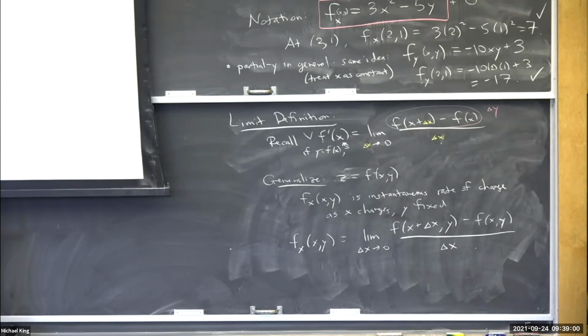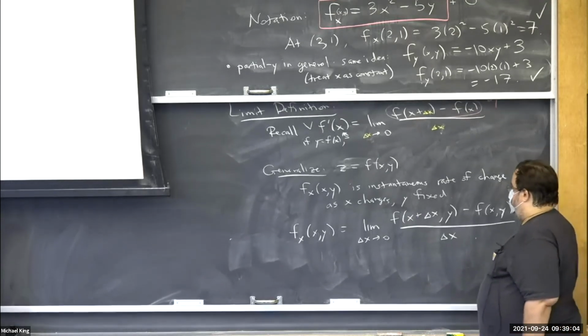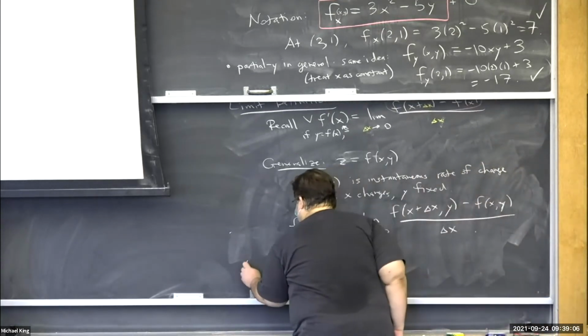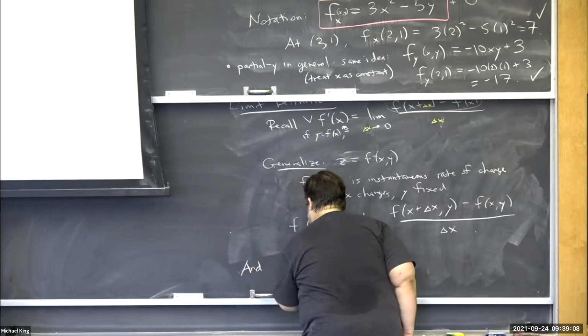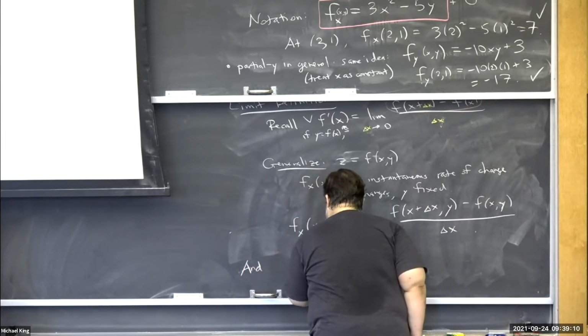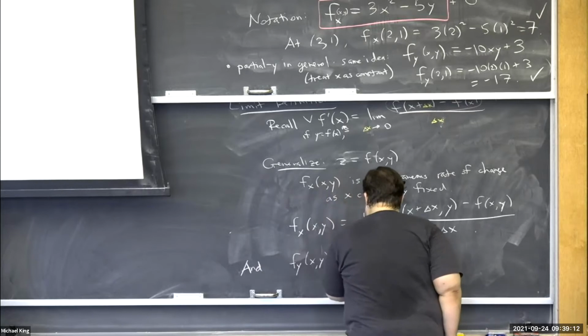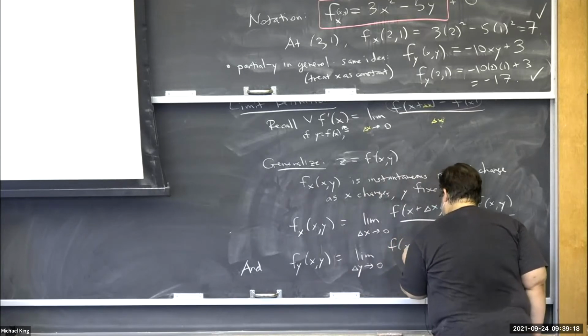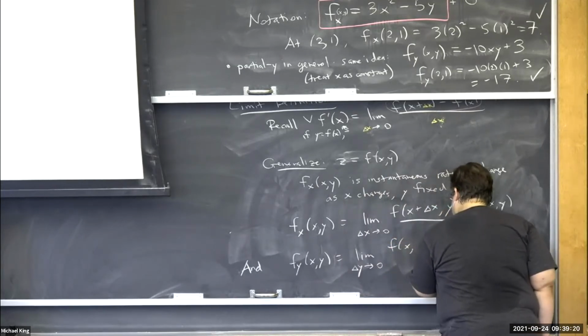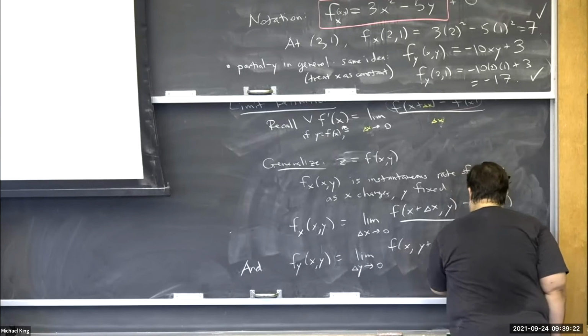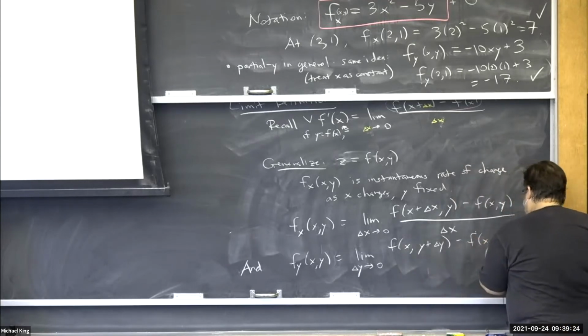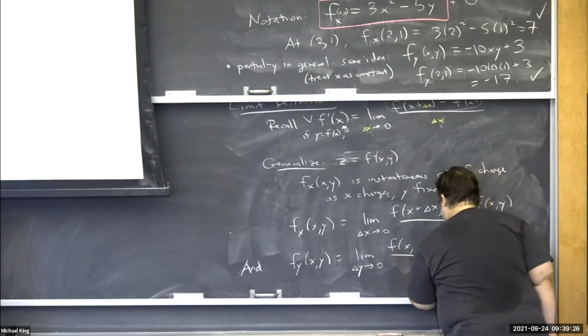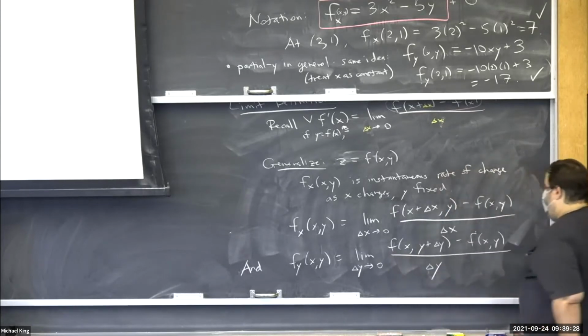And you could probably imagine what the partial y is. It's very similar. I'm going to change y and fix x: f of x, y plus delta y, minus f of x comma y, all over delta y.